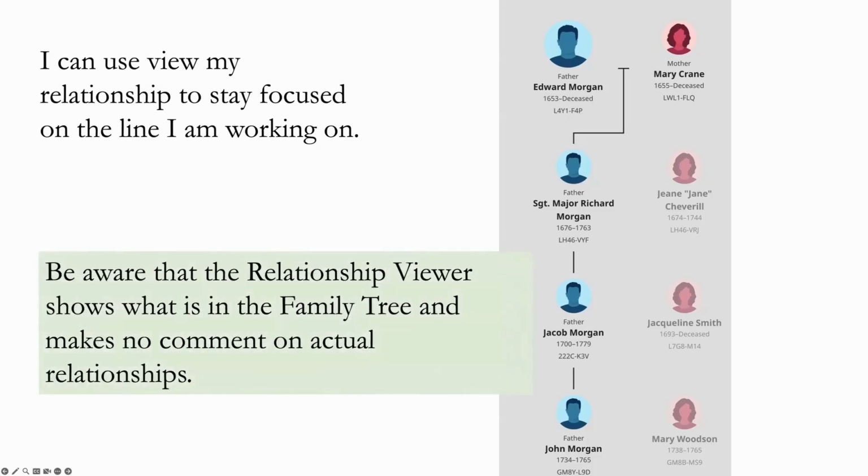And one caution always is, beware that the relationship viewer shows what is in the family tree and makes no comment on actual relationships. If you go a little step further, you'll go to apps like Relationship Finder or whatever, and you'll find an app that says 2 people in the same area, on your iPhones or your Android phones, are related, and here's how you're related.